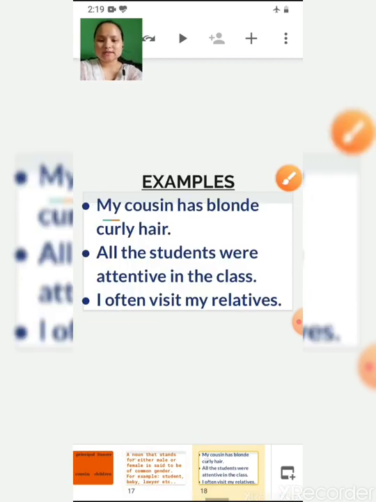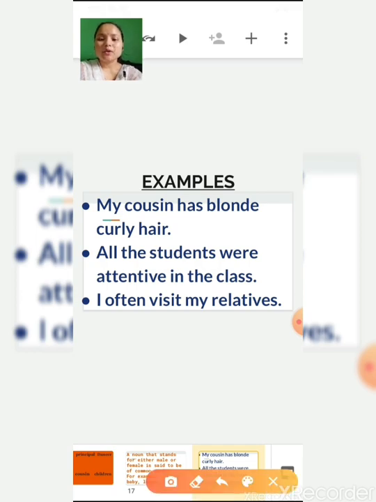Let's see some more examples. My cousin has blonde curly hair. Now which word is denoting common gender here? Cousin, because cousin can be male also or can be female also. Second, all the students were attentive in the class.